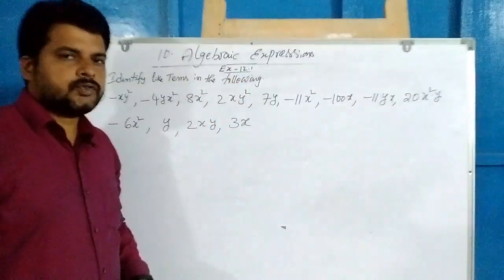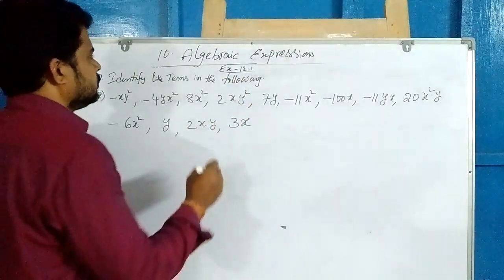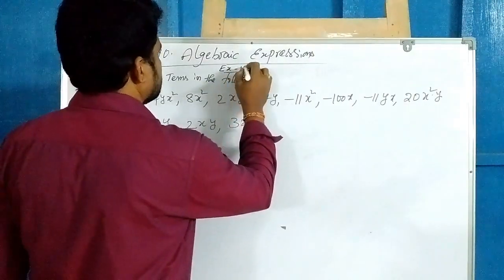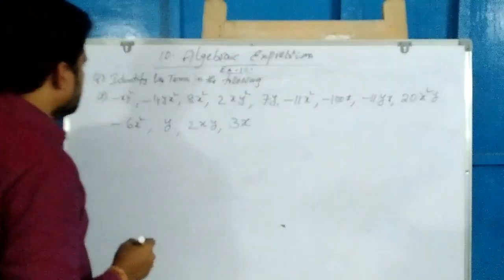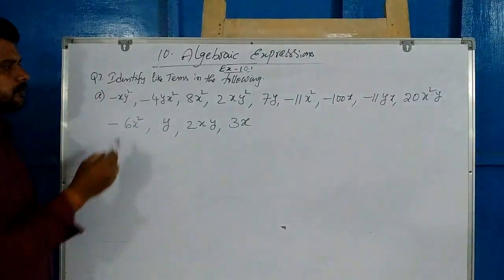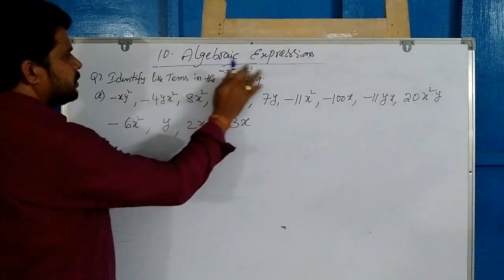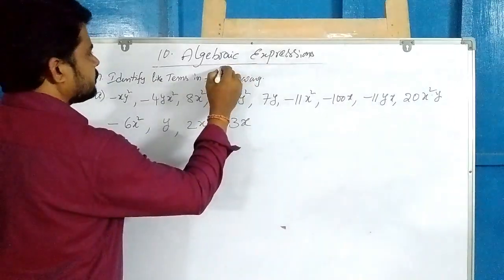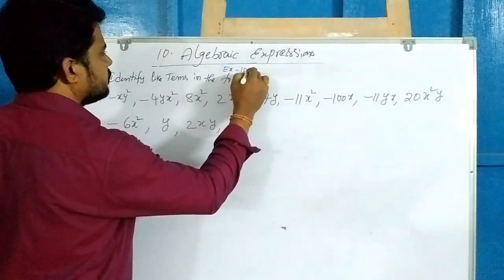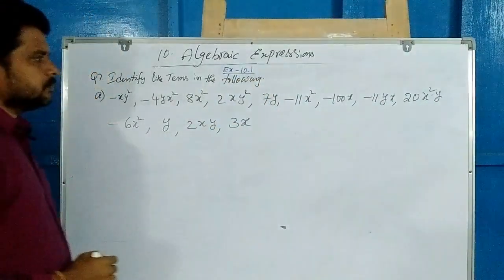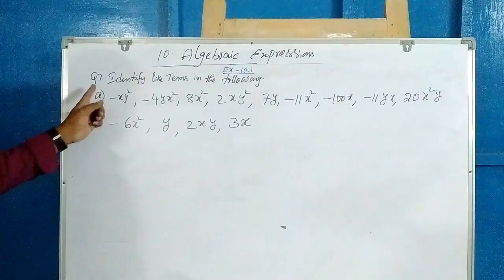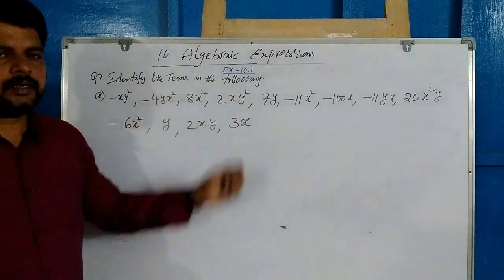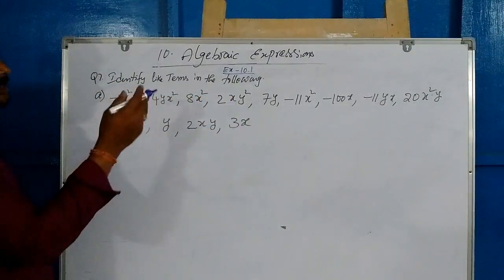The same exercise, not 12.1 but 1.1. Question number 7. Identify the like terms in the following. So they give some terms.